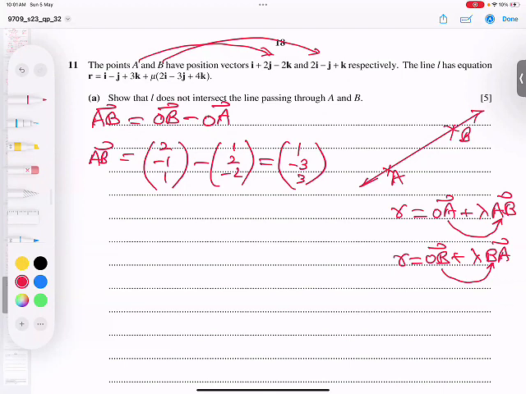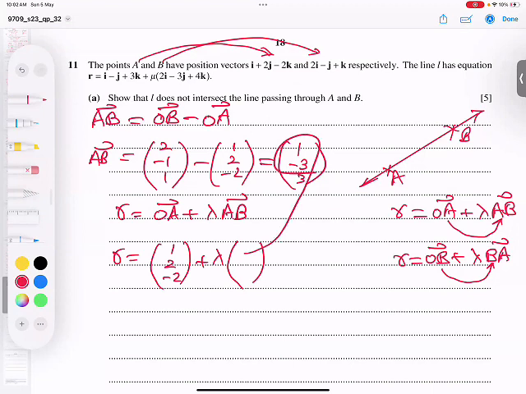So I'm looking for, what is the formula? I'm using this. So R is equal to OA plus lambda. And R is equal to OA plus lambda times AB. And OA is this 1, 2, and minus 2. And AB is this 1, minus 3, and 3. So this is the vector equation of the line. What is standard form, students?